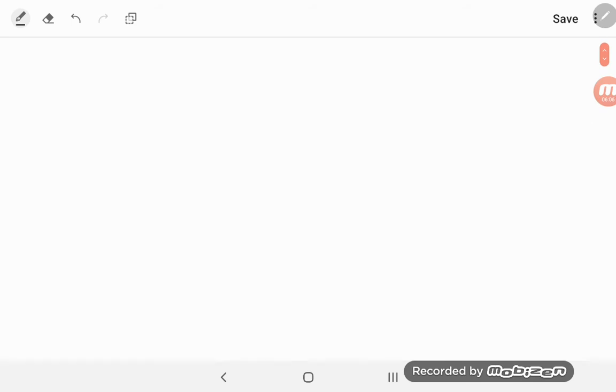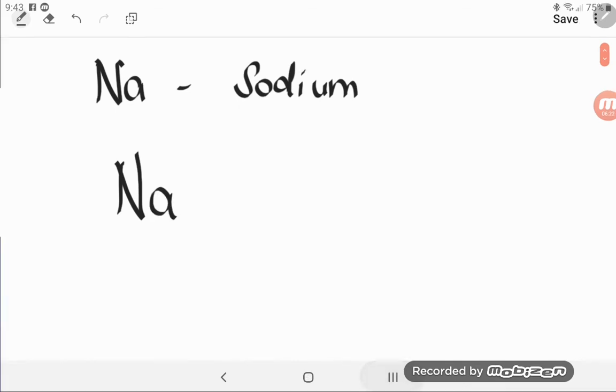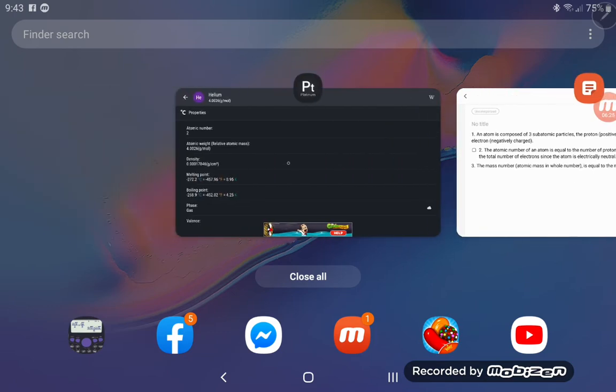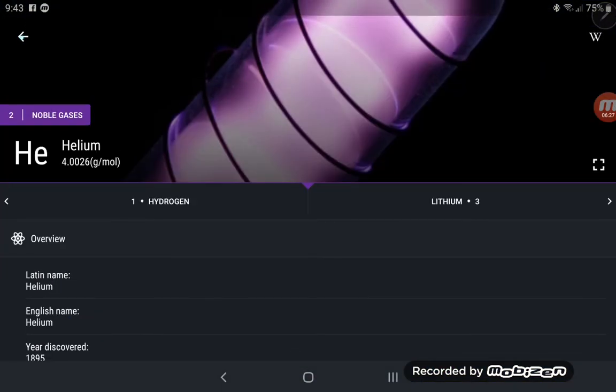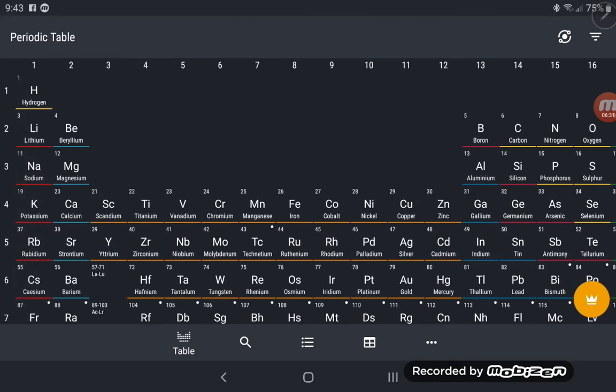Let's try to solve for Na. And what does Na stand for? It's the element sodium. Let's try to figure out what is the number of electrons, protons, and neutrons for the element sodium. We need to go again to our periodic table of elements, and let's try to find out where sodium is.